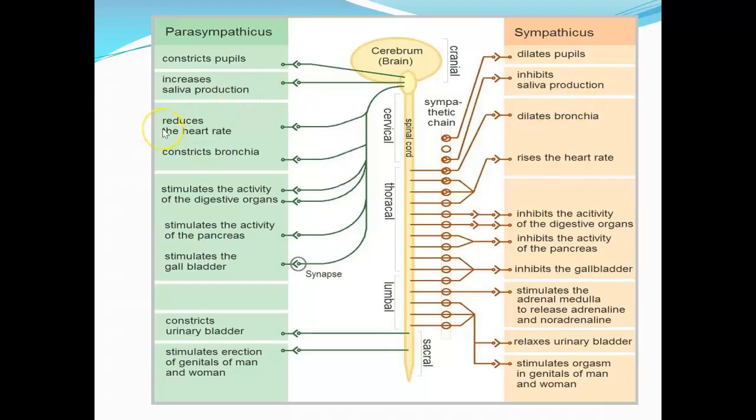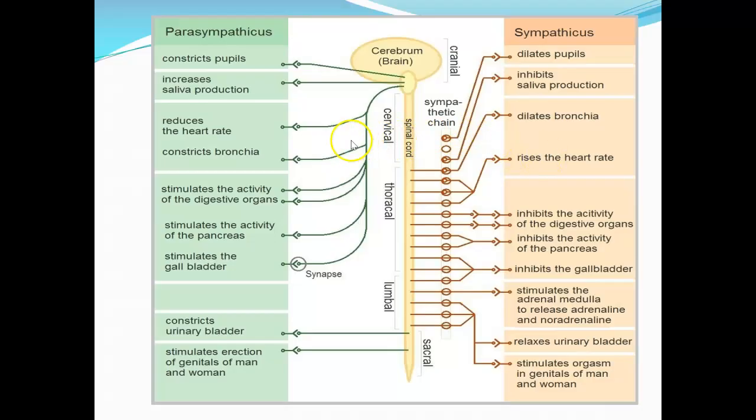The parasympathetic nervous system, again, rest and digest, causes the heart rate to slow down, and also causes decrease in blood pressure, whereas the sympathetic nervous system causes an increased heart rate and increased blood pressure.